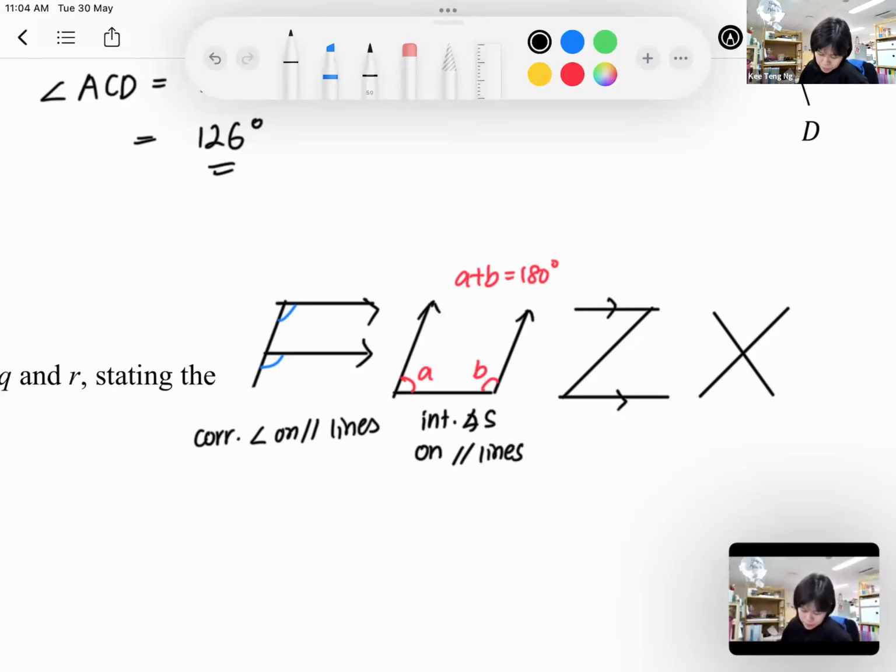Next one, letter Z. Help me with letter Z. What property is this?